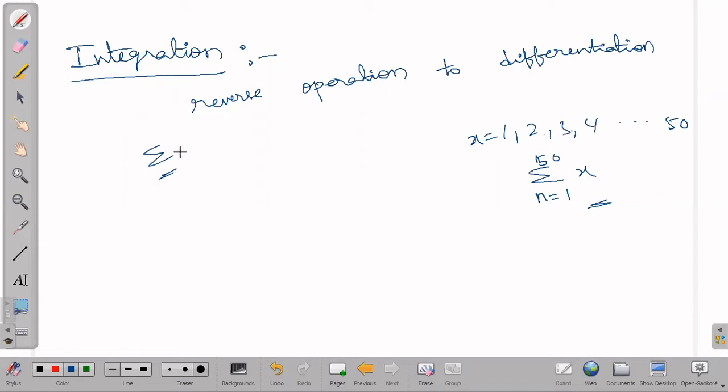So this is the summation symbol, right? What about the integration symbol? It is like an S but a prolonged S. So this is our integration symbol. When we are integrating, we mention from where to where we are integrating.